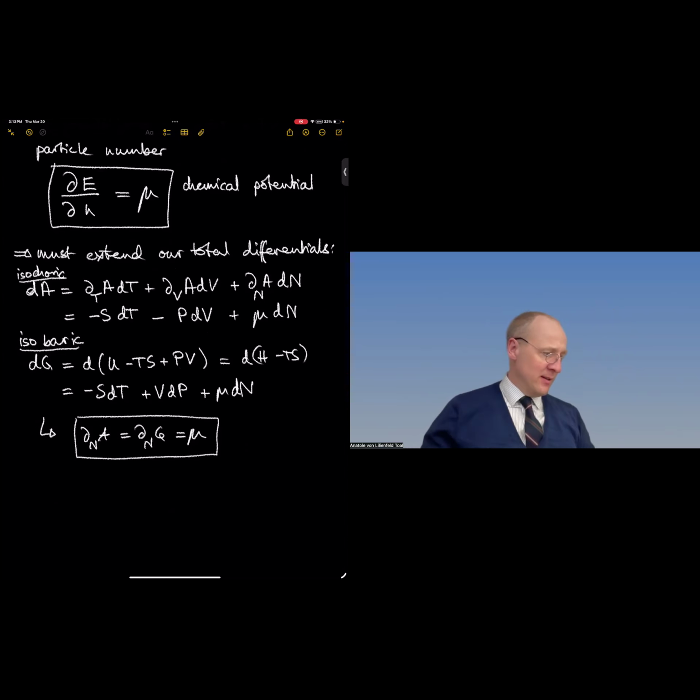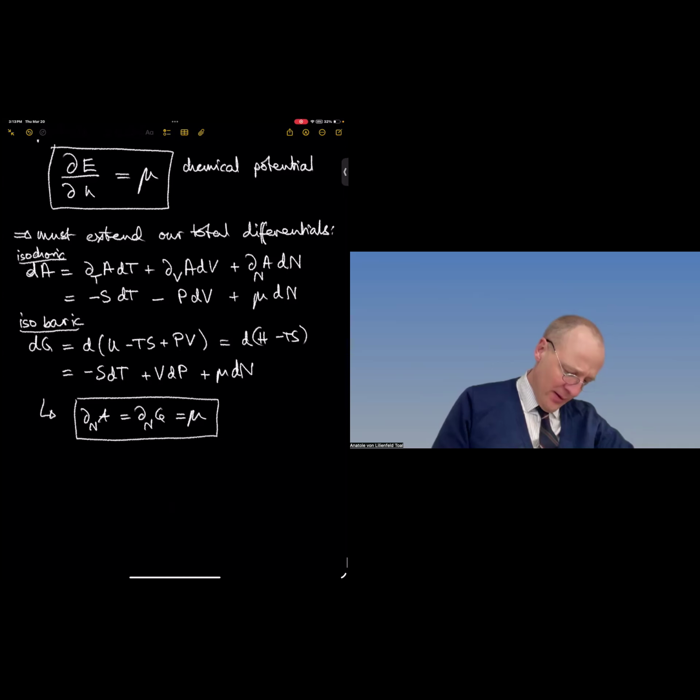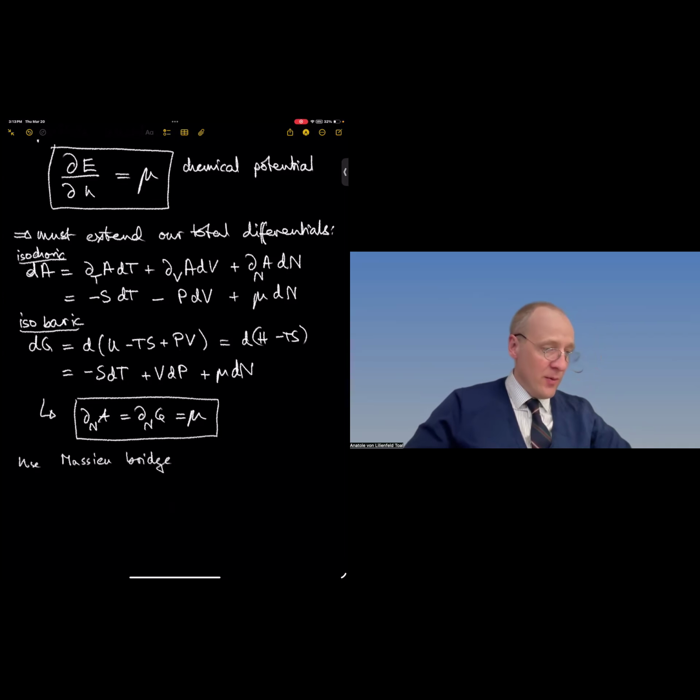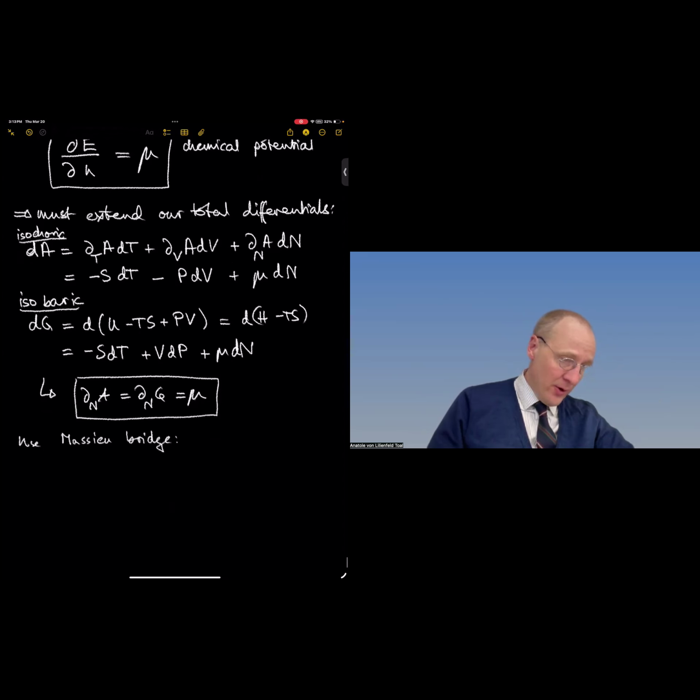Okay, so we can do that because everything goes back to first principles, and we can simply use the Mathieu bridge, which you have seen on Tuesday.